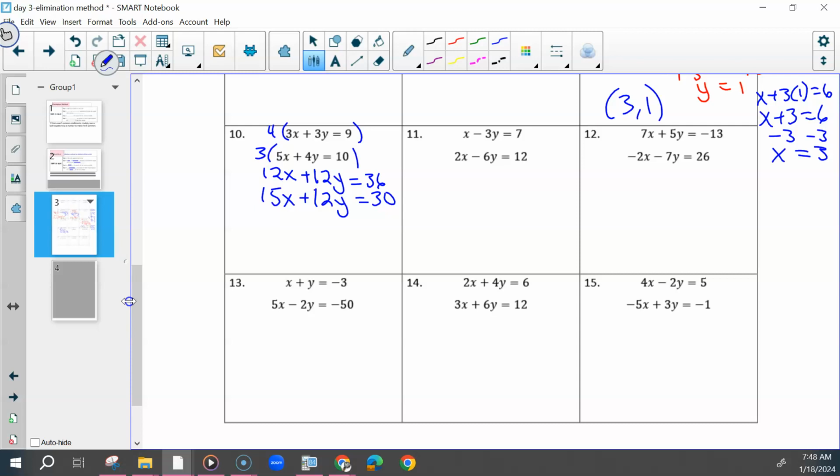Would we add or subtract to eliminate? So we have negative 3x plus 0 equals 6. Solve for x. Once you get your variable, now you have 4 choices, the 2 originals or the 2 you just changed. Put it in one of those and solve for y.